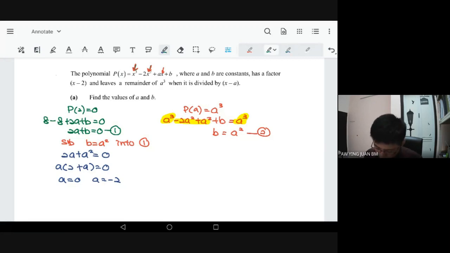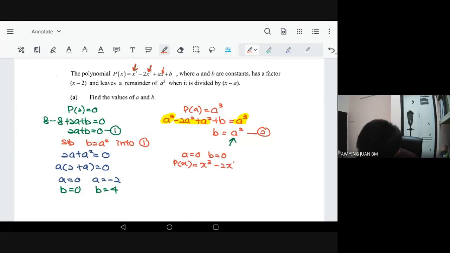If a equals 0, b equals 0. If a equals negative 2, b equals 4. So that is the pair of situations. So finally, a equals 0, b equals 0, so p(x) equals x to the power of 3 minus 2x squared.